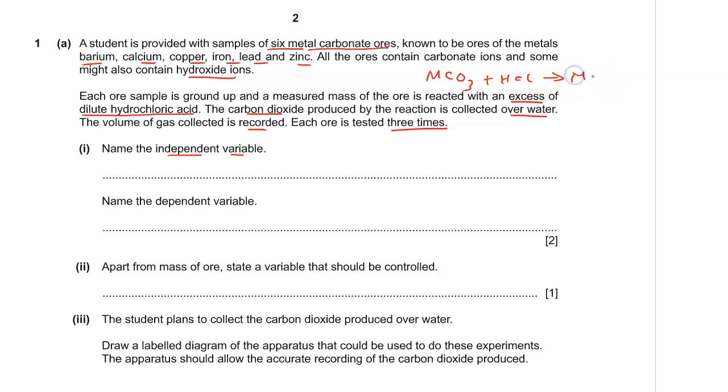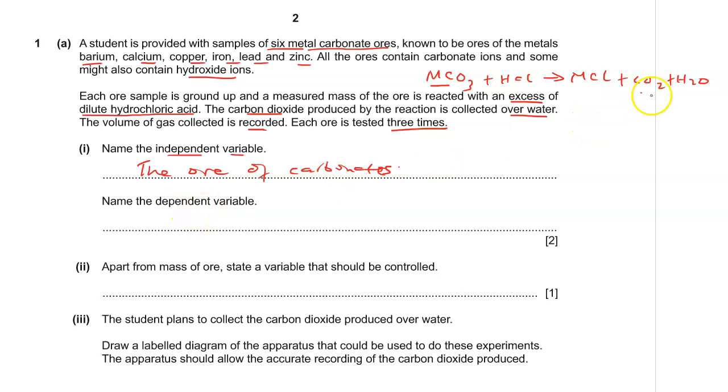What you get is a chloride salt plus carbon dioxide plus some water. So among these, the independent variable is the carbonate. It is the one which will determine how much carbon dioxide is going to be obtained. So the ore of the carbonates is the independent variable.